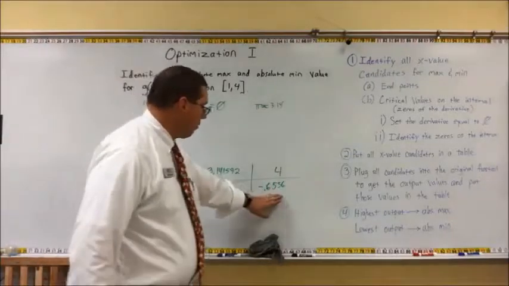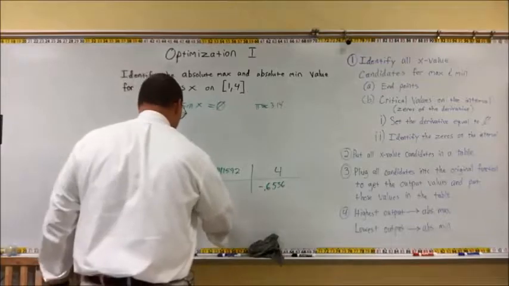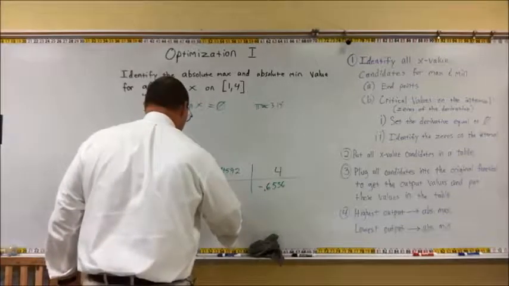We have 2 negative values. Which one is smaller? Negative 1 is smaller than negative 0.6. So this is our absolute minimum. Okay?